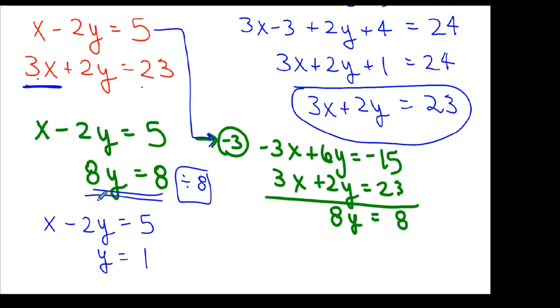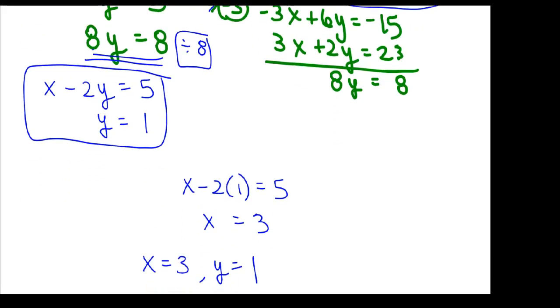Iteration number 2, I want to change the 8 to a 1. So I divide by 8. That changes the 8y to a 1y. And now I have transformed to echelon form. I can then use back substitution to find that x is 3 when y is 1.